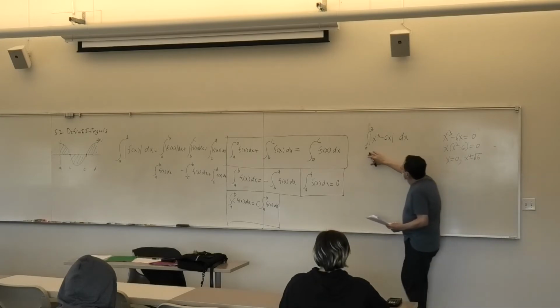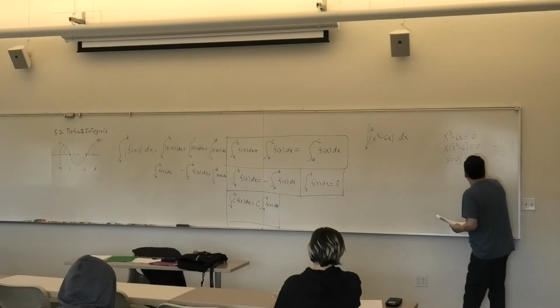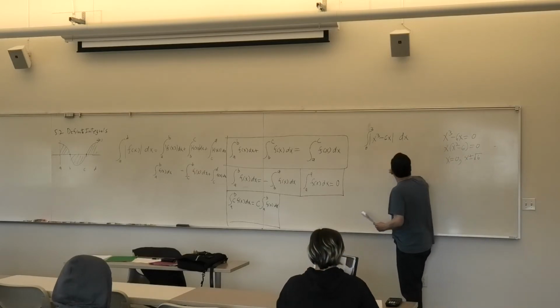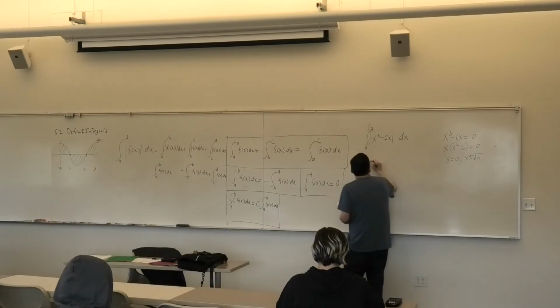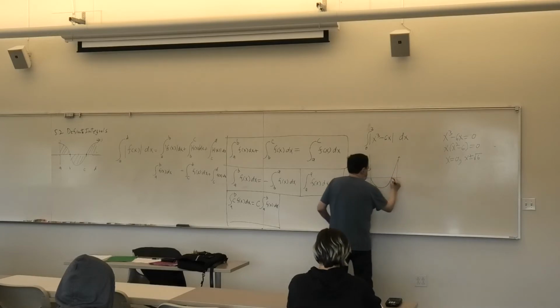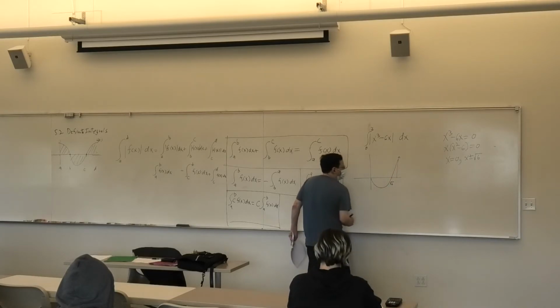Well, we're integrating from 0 to 3, so we're not worried about the negative square root of 6, and 0 is one of our starting points. So our function kind of looks like this. This is the square root of 6.